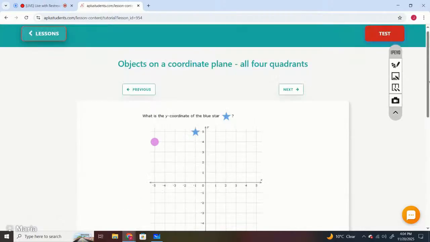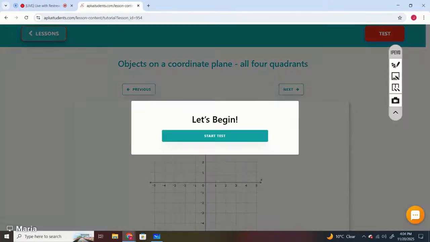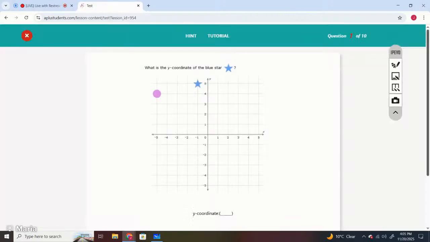Let's just start with the test questions. What is the y coordinate of the blue star?